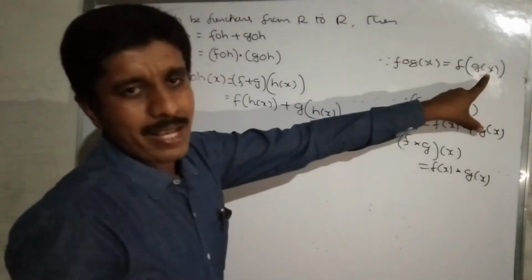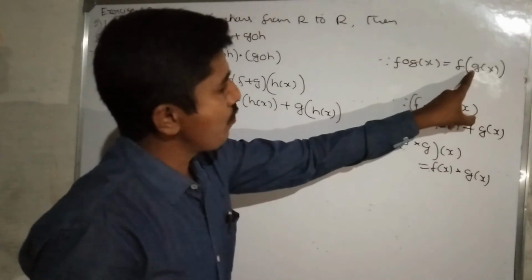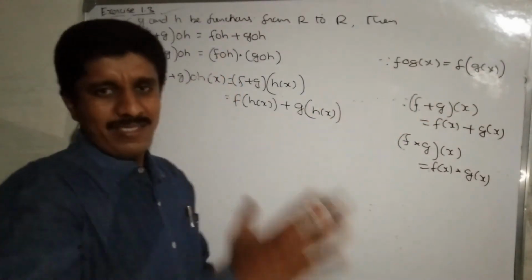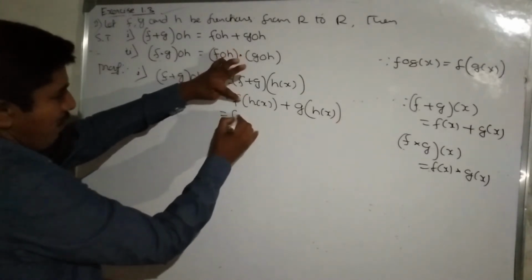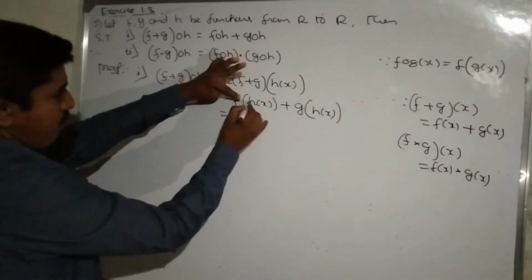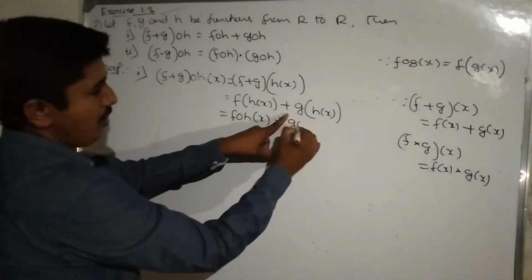Again, this can be written like this: F of G of x can be written as FoG of x, in reverse order. Here F of H of x can be written as FoH of x, and G of H of x can be written as GoH of x.